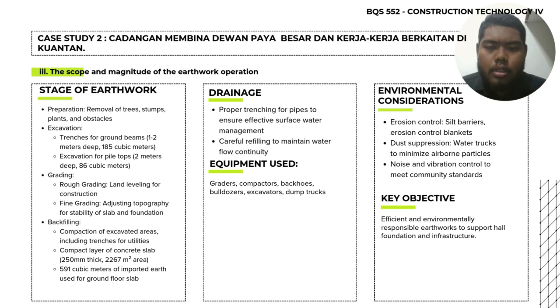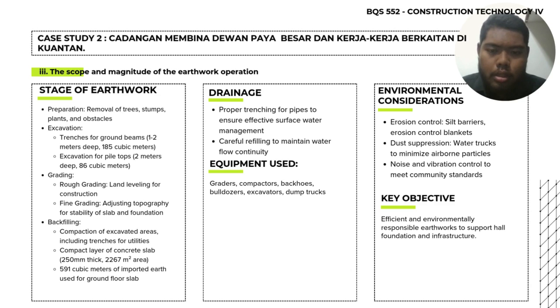For the next stage, which is the next scope of work, is drainage. Drainage is proper dredging for pipe to ensure effective surface water management, carefully referring to maintain water flow continuity.